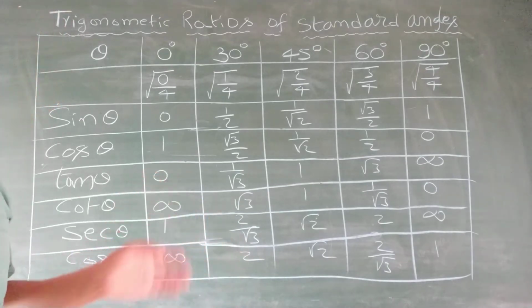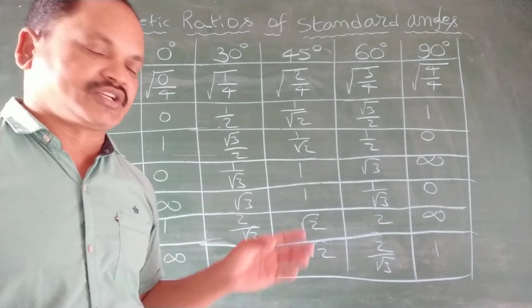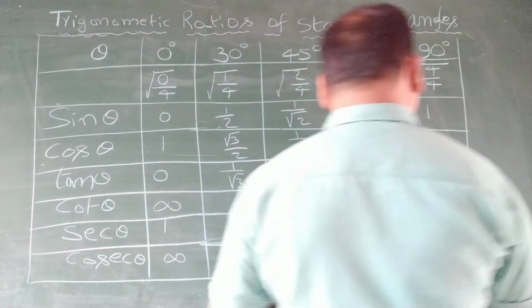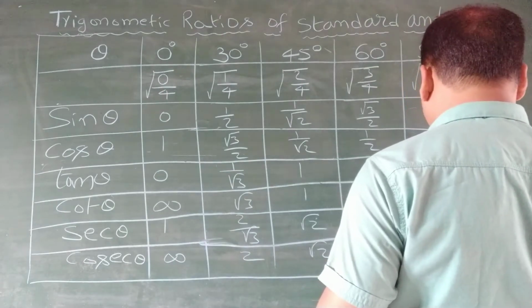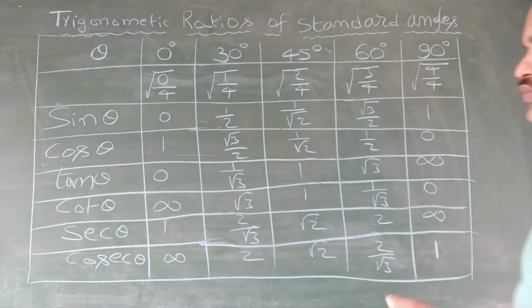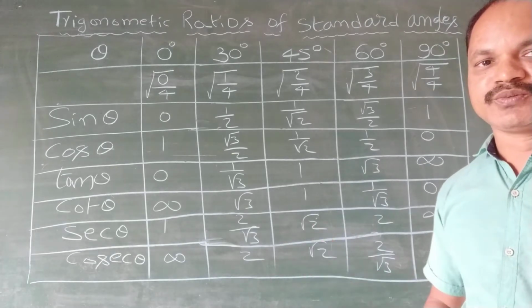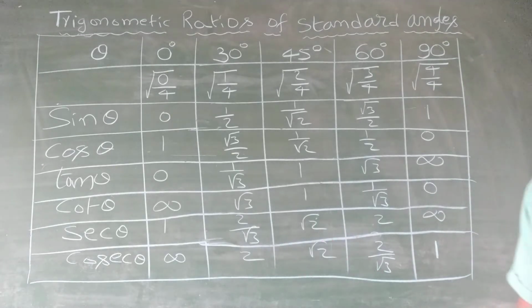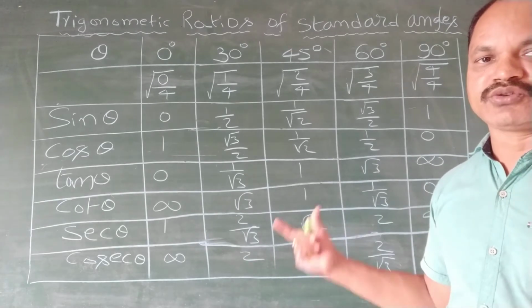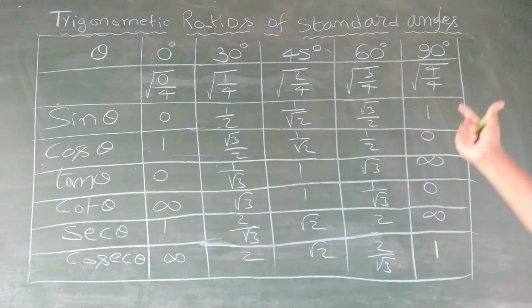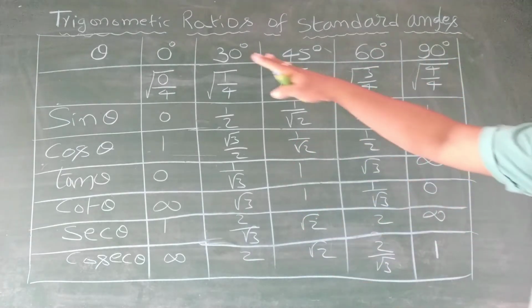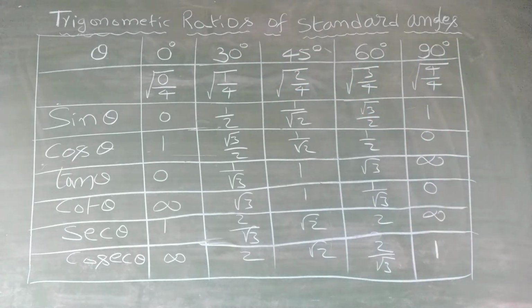That's why this is the most important tabular form, since with the help of these standard angles' trigonometric ratios, we can do the questions. This is useful not only for trigonometry, in remaining subjects also we have to use this tabular form. Okay, write it fast.